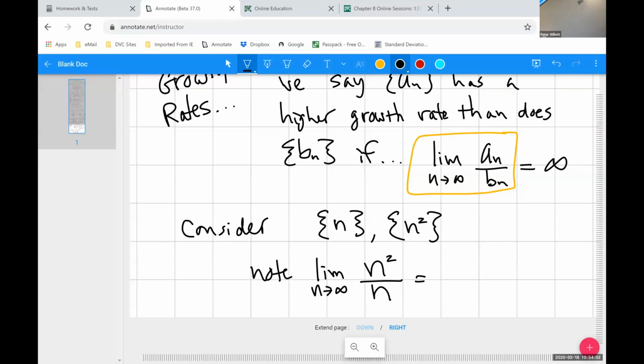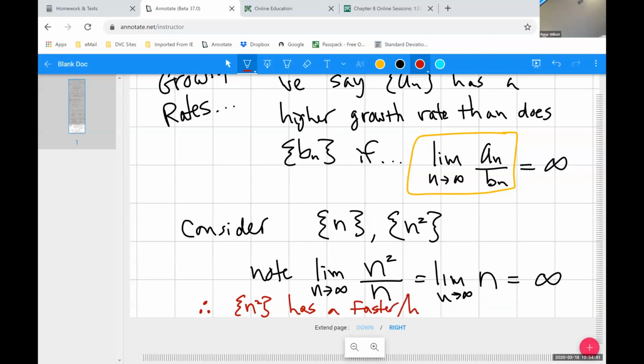Because this becomes the limit as n tends to infinity of just n, and that therefore goes to infinity, then the sequence of n squared has a faster or higher growth rate than the sequence of n.